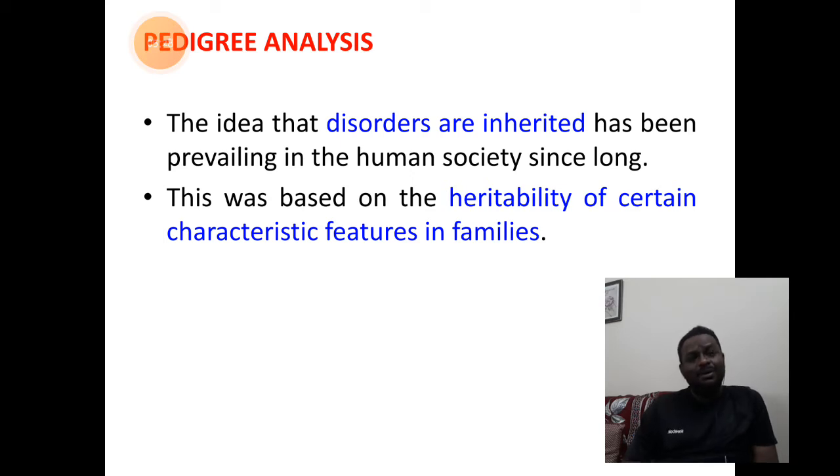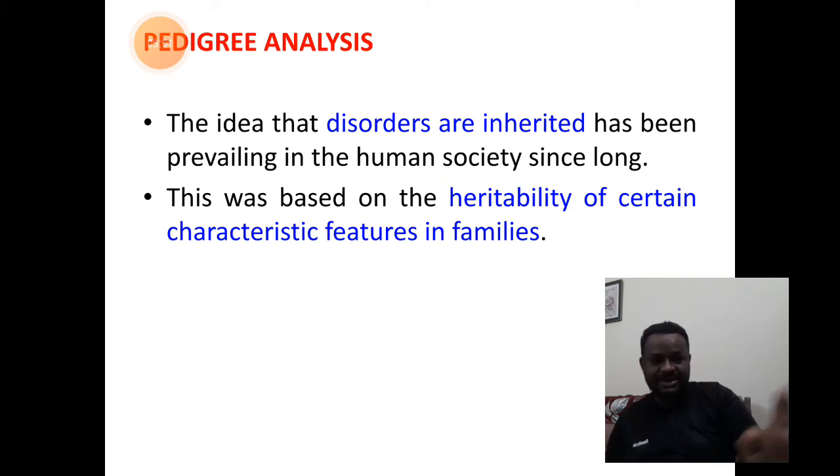So, if a family has got the inheritance of a particular disease in the past history, the fear of having this disease in the near future or at present can be easily analyzed through the study of pedigree. So that's the major advantage of today's topic that we are going to understand.